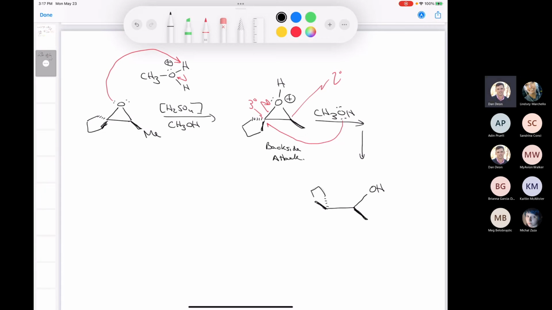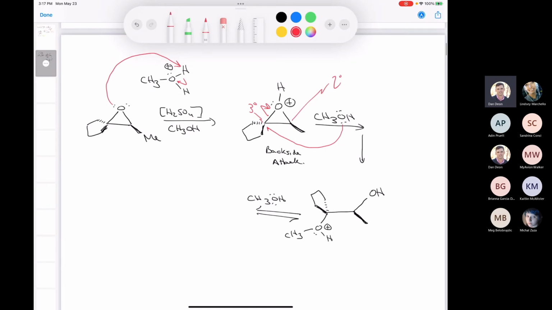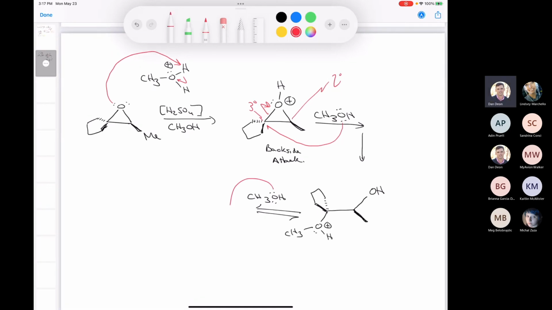And so here's my 5-membered ring now, and then here is my oxonium from my weak nucleophile here. And then in the last step, another molecule of methanol is going to come along and behave as a base, and it's going to rip this proton off like that, and I end up with my final product.